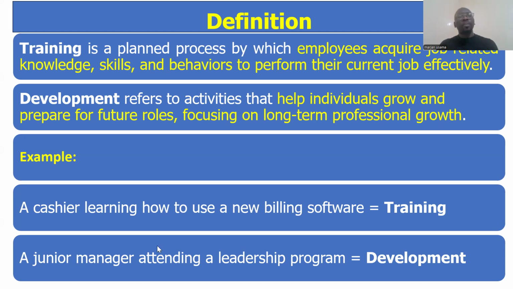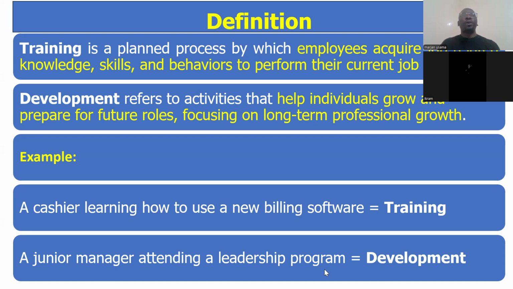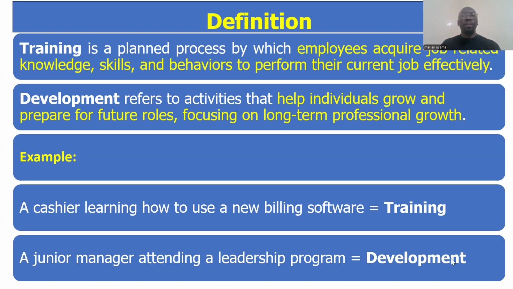Then, for example, a junior manager attending a leadership program, it's development, because the leadership program is long term. We are preparing this junior manager for future senior roles in the organization. So that is the difference between at-tadrib and at-tatwir.